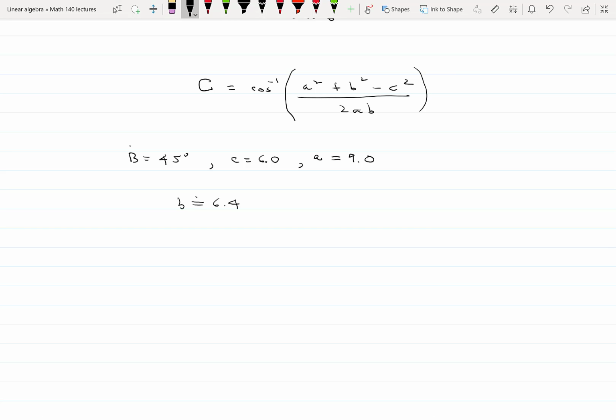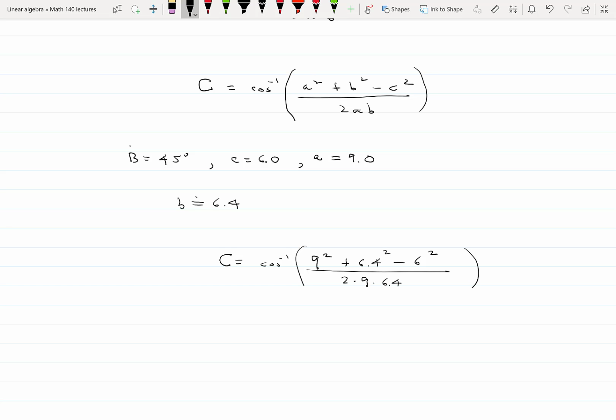Let's put that into the formula for C. So C equals the inverse cosine of 9 squared plus b squared. I'm using the approximate value for b. If you want to increase the accuracy a little bit, use more decimal places of b. So 6.4 squared, I'll just use the approximation, minus 6 squared, all over 2 times a, which is 9, times approximate 6.4.